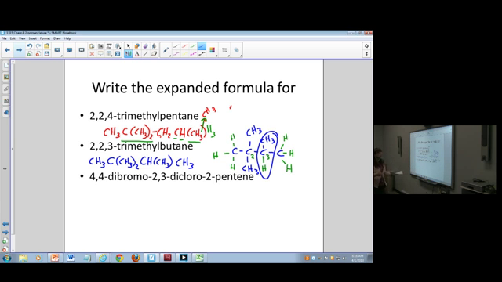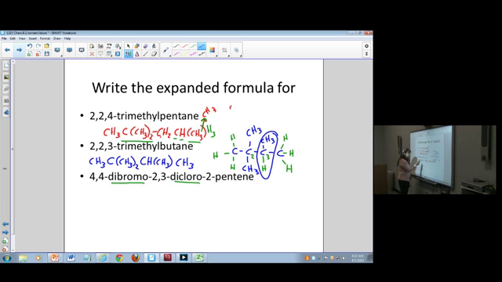So you should be able to take a name, write the structure, and then tell me what its formula is in terms of its condensed formula. Now this one's going to be a little bit different because we haven't really done anything with the halogens yet, but they work very much like the methyl group, except we're going to be talking about bromine and chlorine.